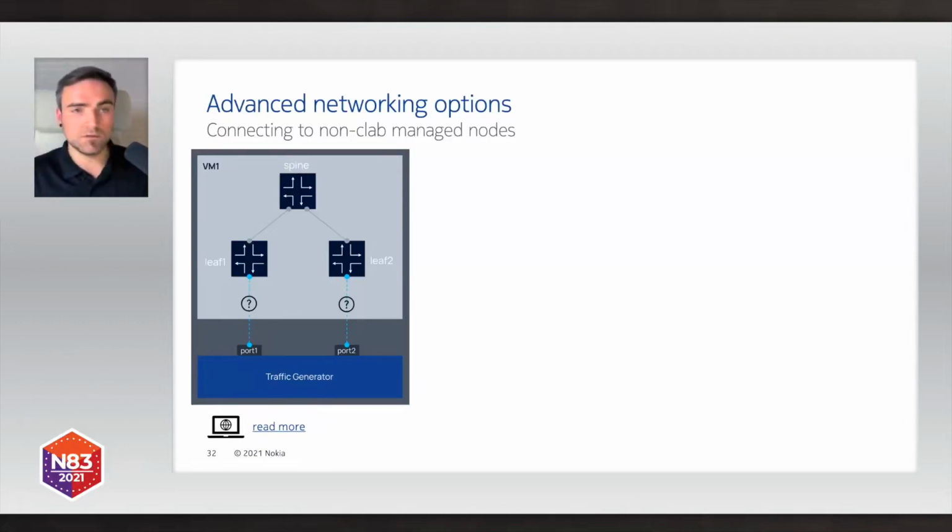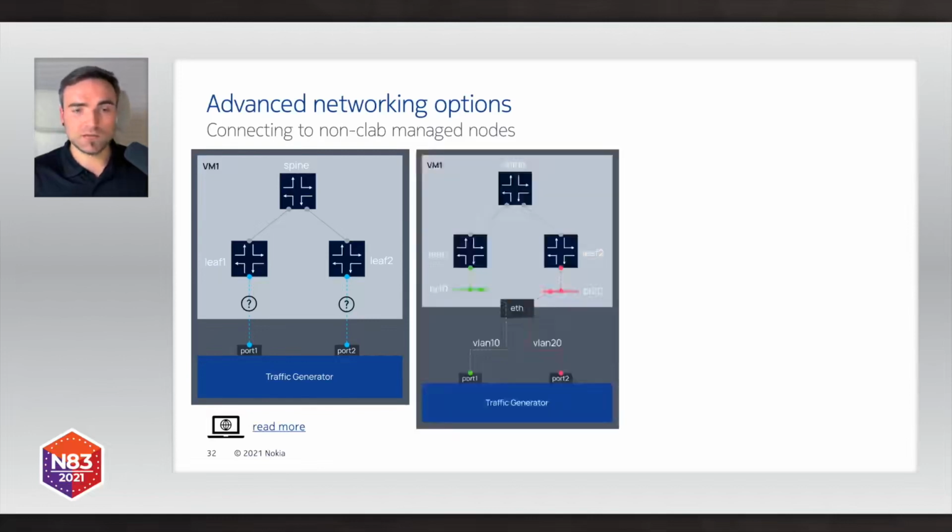So you want to connect your traffic generator to your nodes, which are either containerized or VMs in a container. How would you do that? You cannot say to Container Lab, please make sure that there is a traffic generator connected to it. But what you can do is bridge the interfaces of the nodes that are part of your topology with the traffic generator.